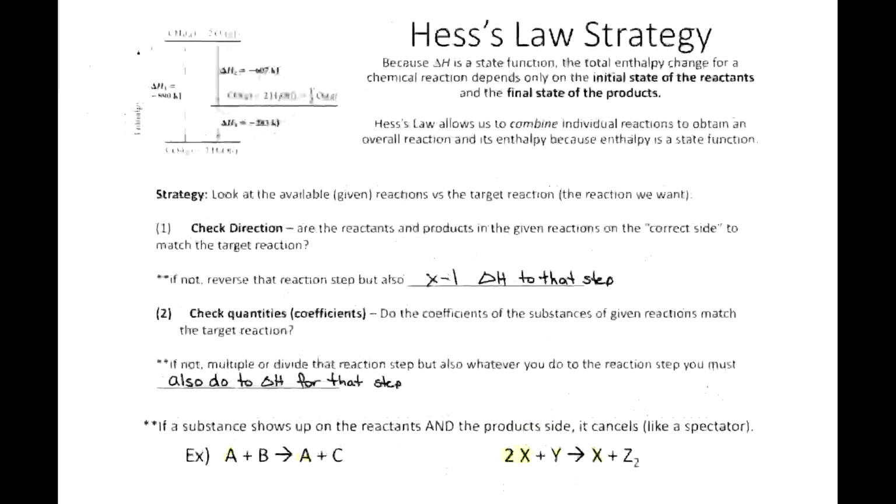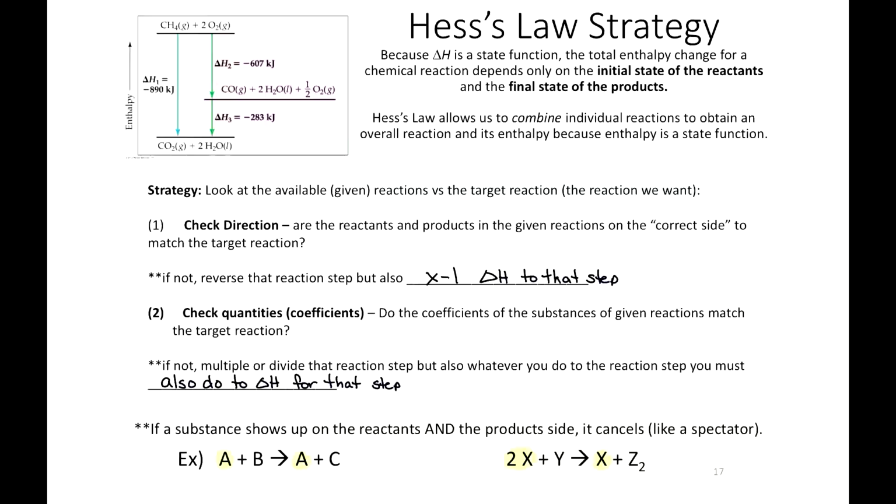Okay, so let's put this all together into a strategy. I hope that using delta H in a balanced chemical reaction, using it with stoichiometry, really isn't anything new. If I give you a balanced chemical reaction with delta H, you're just adding that skill to the toolbox that you already have.